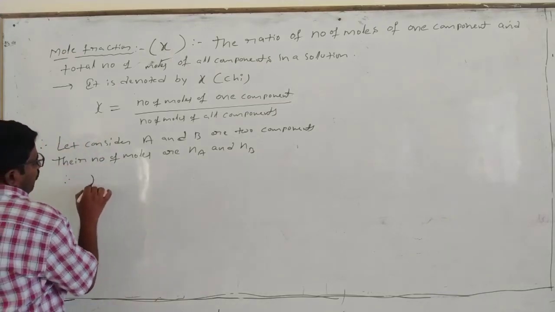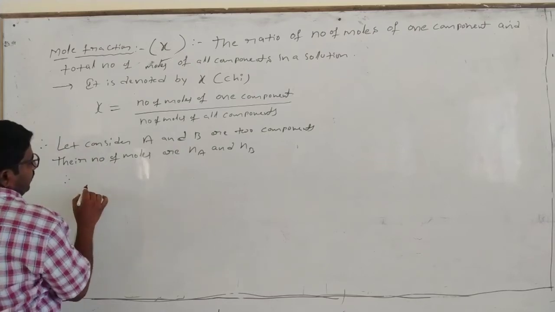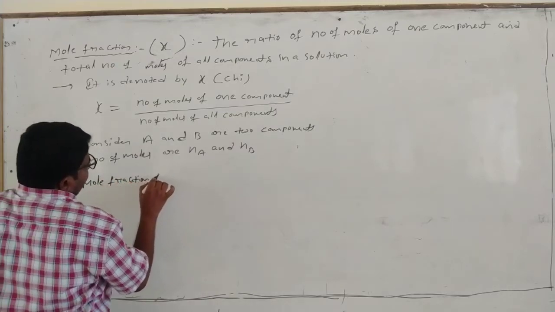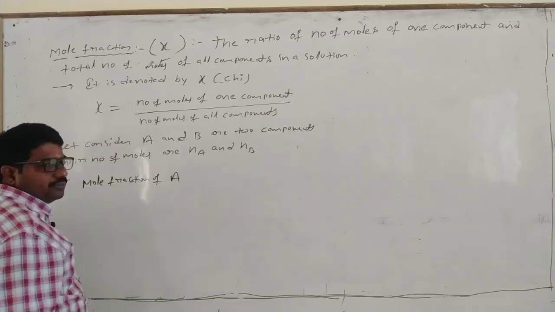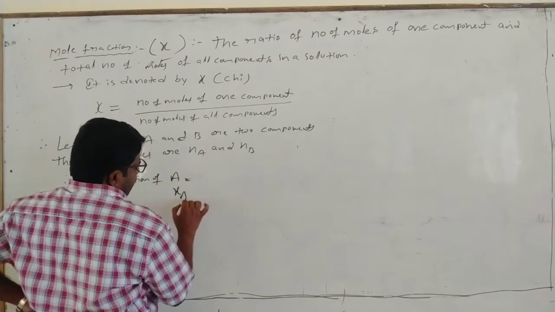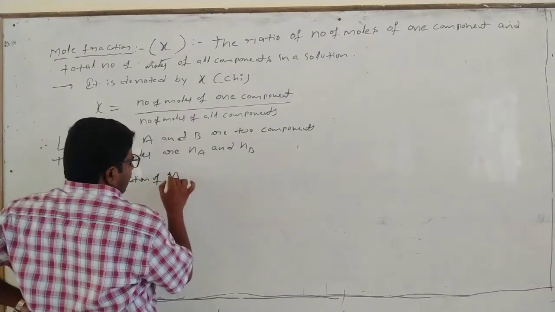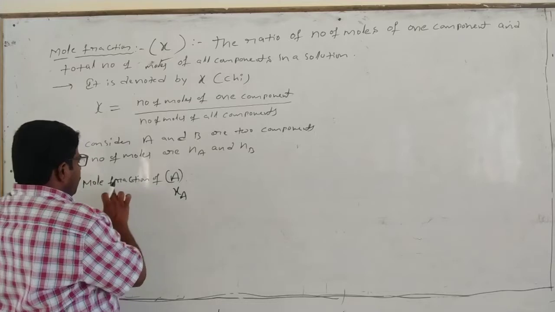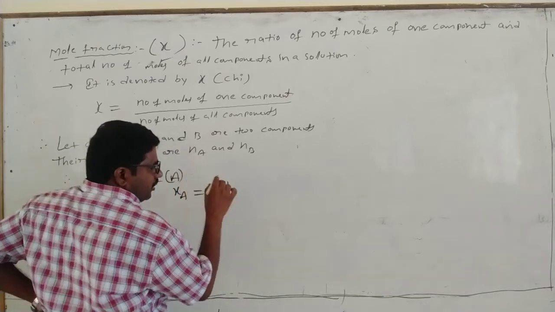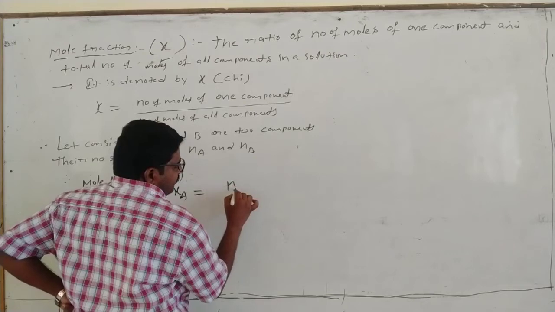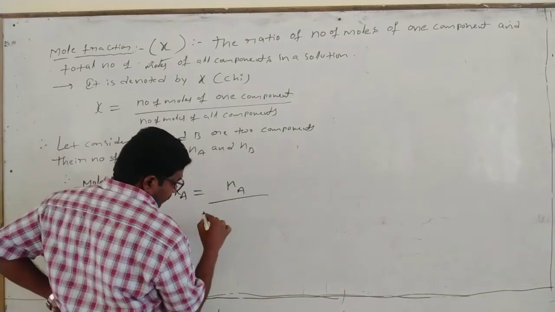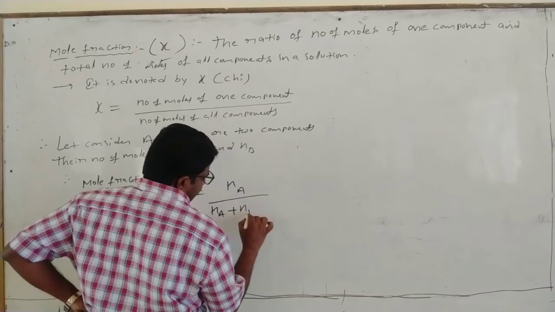Then the mole fraction of A you can write as chi A is equal to, the mole fraction is denoted by chi, the ratio of the number of moles of one component with respect to A, that is Na by the total of two components A and B, so the number of moles is Na plus Nb.